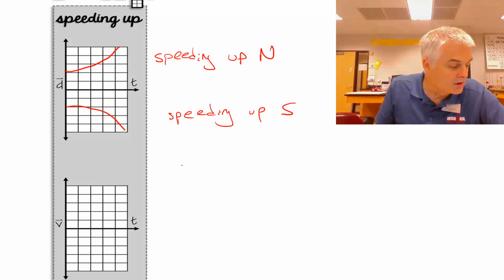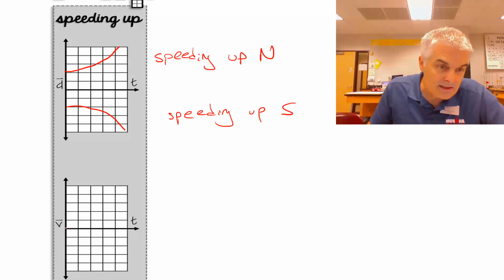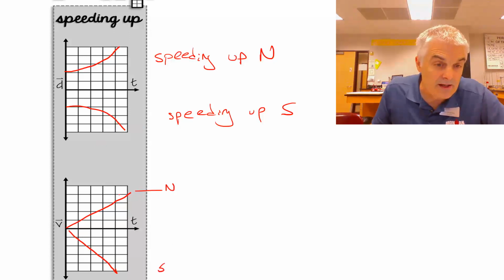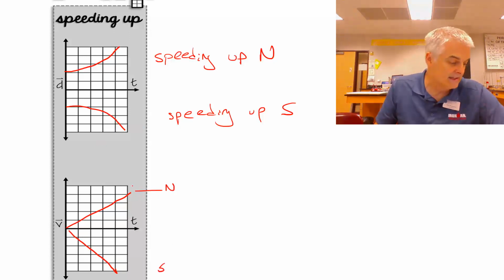So what would that look like from the perspective of a velocity time graph? Likely, you're going to have what we call constant acceleration. So now you're going to have a straight line. Each of these, speeding up north and speeding up south, but now you're going to have a straight line. That makes sense?